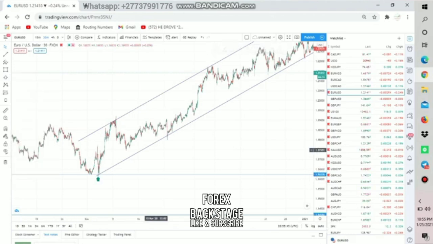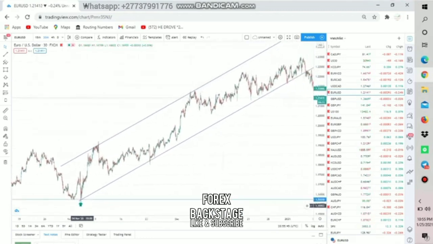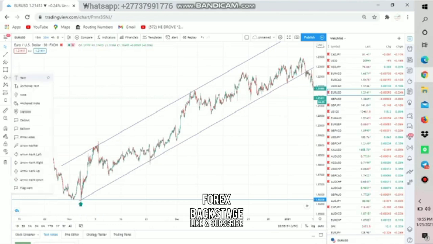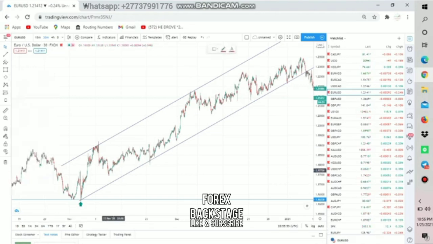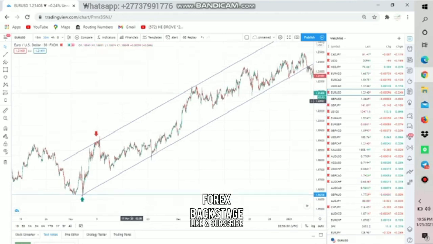I would have bought here, and then when it comes here, I wouldn't sell, guys. Even though 99% of traders are saying that if it hits somewhere here, you must sell. No, don't sell, guys. You must never sell.